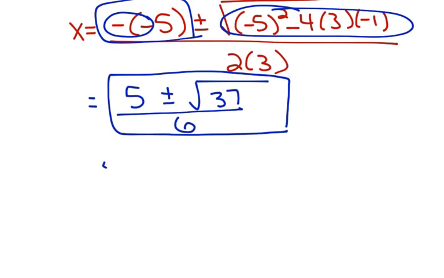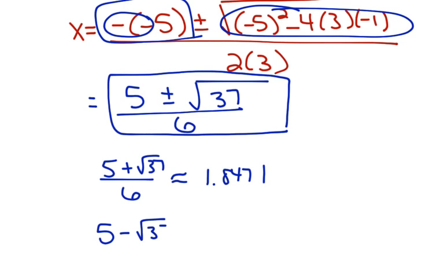So if you want to do 5 plus the square root of 37 and divide it by 6, you should find out it's approximately 1.8471. And then 5 minus the square root of 37 divided by 6 is approximately negative 0.1805.